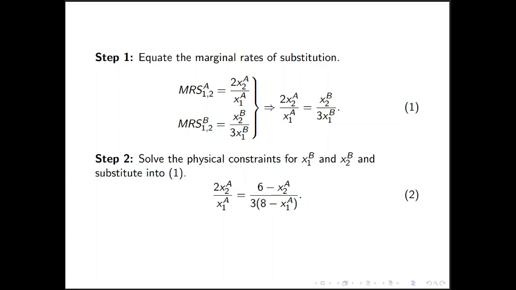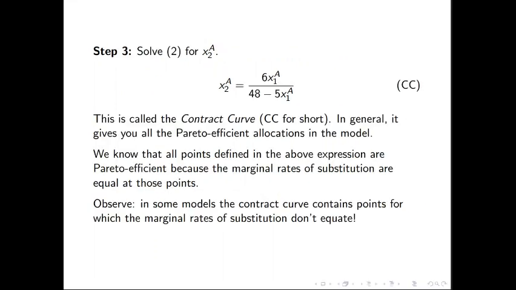Then you get what I call equation 2, which depends only on the variables of player A. You then solve equation 2 for x2a, and you get what we call the contract curve.